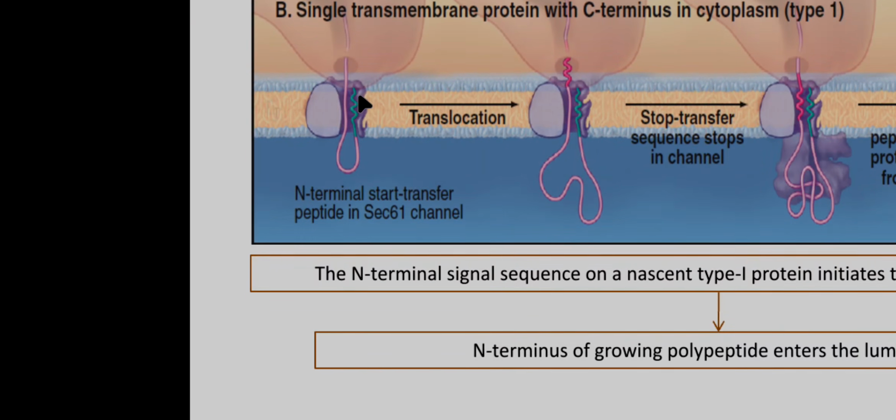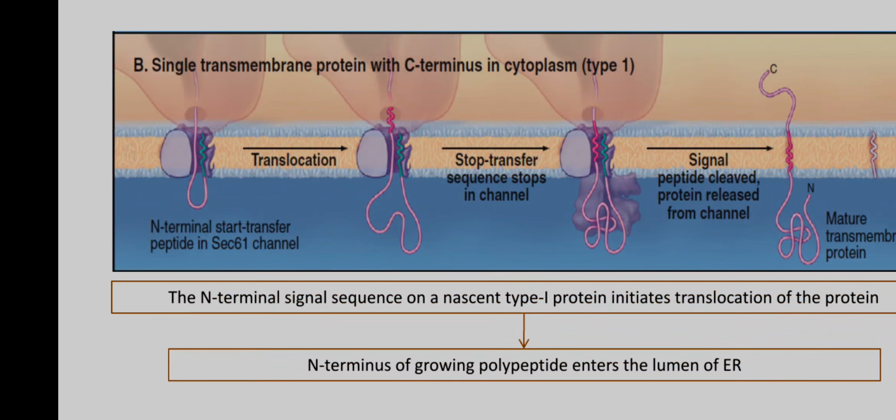See here, the N terminal start transfer peptide, which is in blue color, first comes and attaches to the channel. The translocation is happening, or the translation of the polypeptide is happening. The pink one you can see here is a stop transfer sequence. When it comes in contact with the channel, it stops the channel. The polypeptide which is sufficient gets inside the ER lumen.